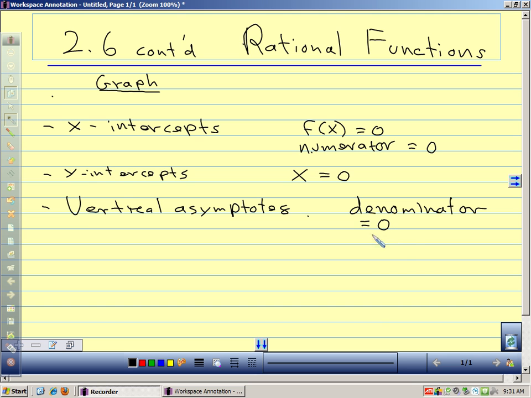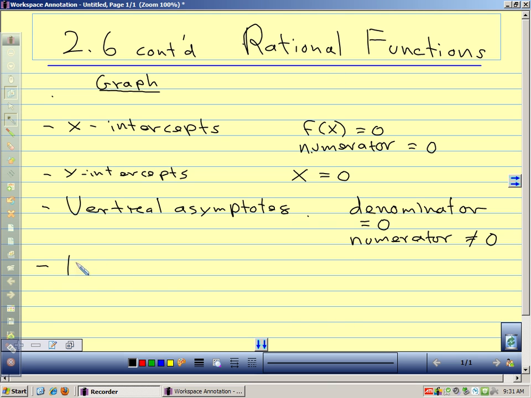And we have to be careful that the numerator is not 0. If the numerator and denominator are 0 at the same time, we get a hole in the graph. So our vertical asymptotes are where our denominator is 0. The x values where our denominator is 0, we're going to have a vertical asymptote.